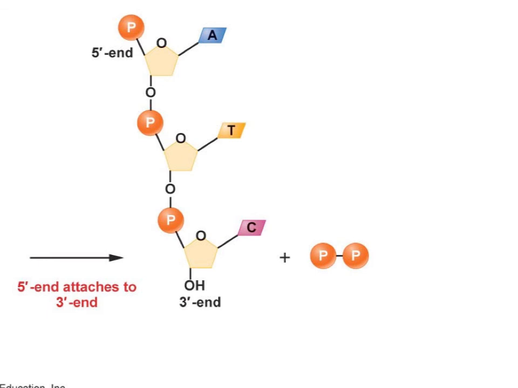You can't add it up to the 5' end. That's not the direction that DNA or RNA is made, okay? So it is really, really critical that you understand the orientation of DNA and the direction in which it grows, okay? From the 5 to the 3. And I need you to understand that the new stuff is added to the 3' end, okay? So we will dig into that a bit more as we get further along. You'll see why it's important.